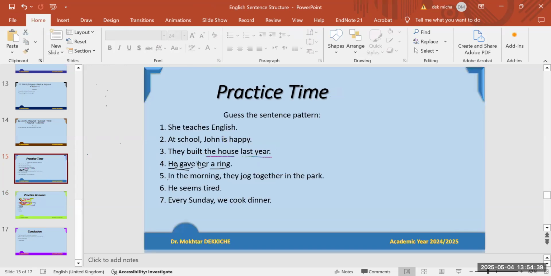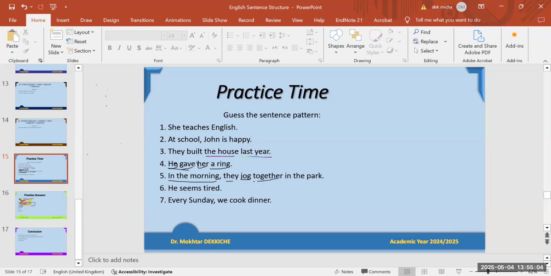The fifth one: in the morning. When we see a fraction of a day at the beginning, we normally think of an adjunct. So we have the adjunct, they is the subject, jog is the verb, together.